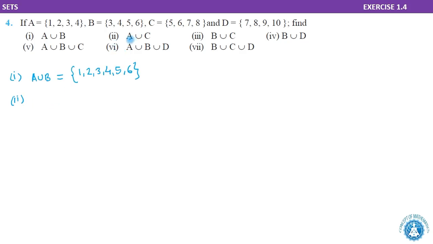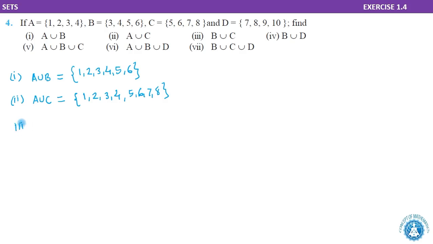The second question is, find the union of A and C. The union of A and C will have all elements present in A or C or both. So 1, 2, 3, 4, 5, 6, 7 and 8.